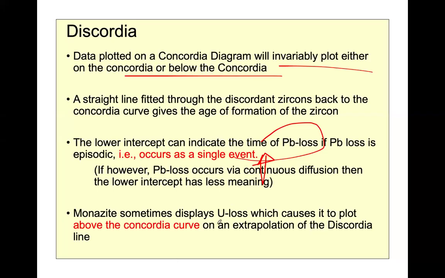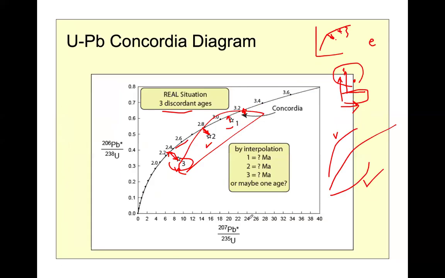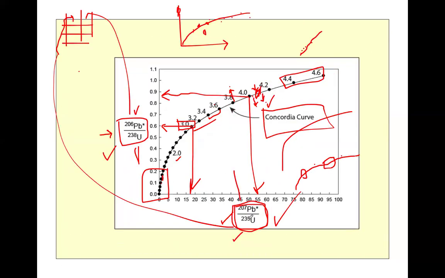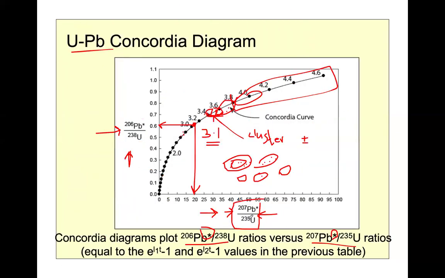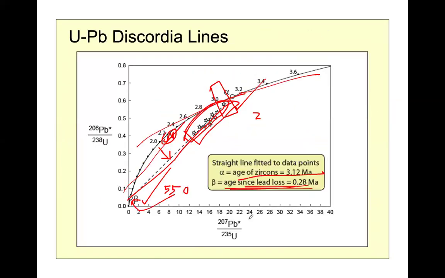Anyway, different uranium loss events can also be shown by these monazite grains, right? You can remember, I think we mentioned loss or disequilibrium. Can't remember now.